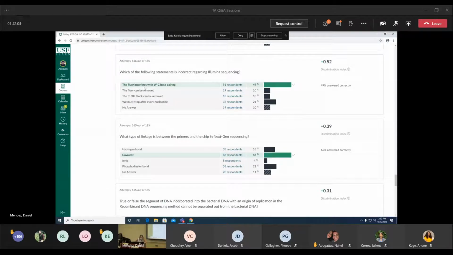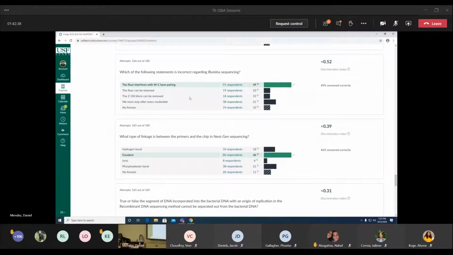Which of the following statements is incorrect regarding Illumina sequencing? The answer was the fluor interferes with Watson-Crick base pairing. Looks like a lot of you got that right. It does not interfere with Watson-Crick base pairing. If that was the case, then this method would be pretty stupid because we couldn't actually sequence. We can remove the fluor, because that's how we make sure we're not getting every single nucleotide fluorescing whenever we add a new nucleotide.